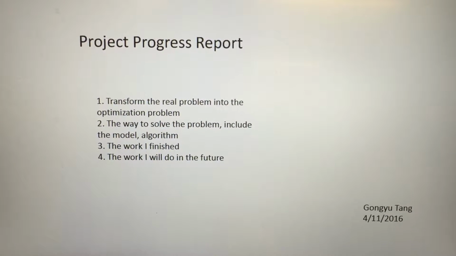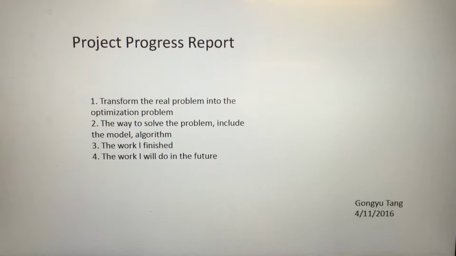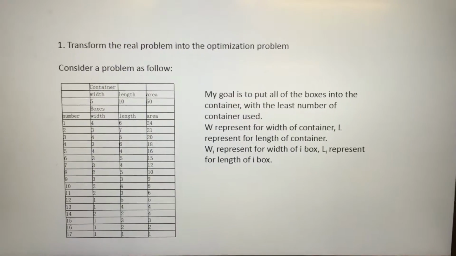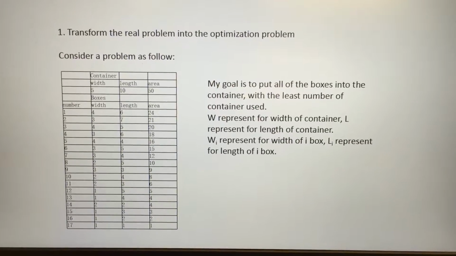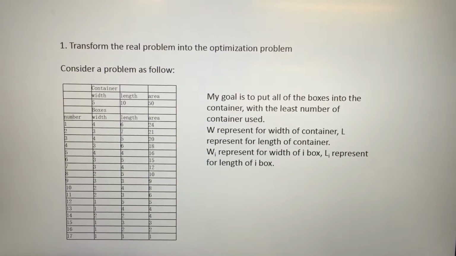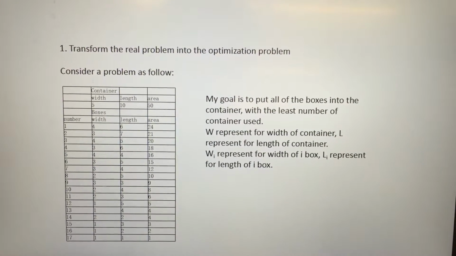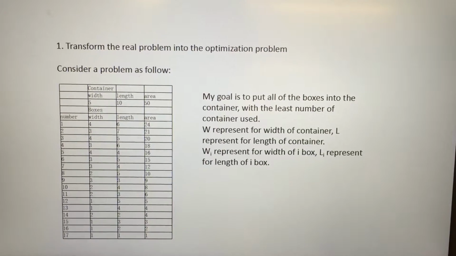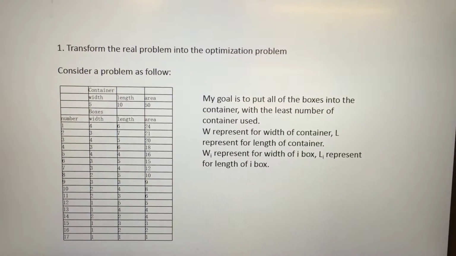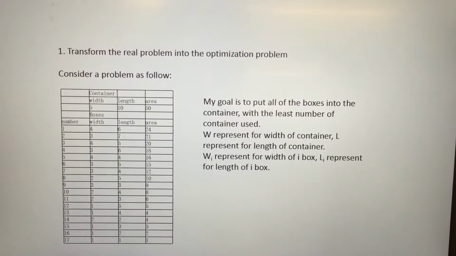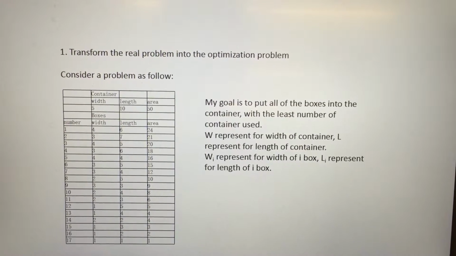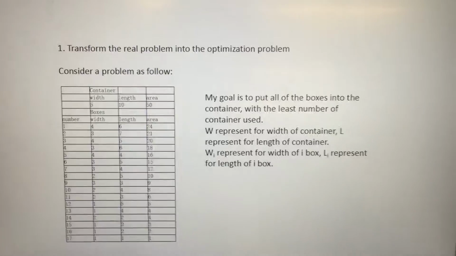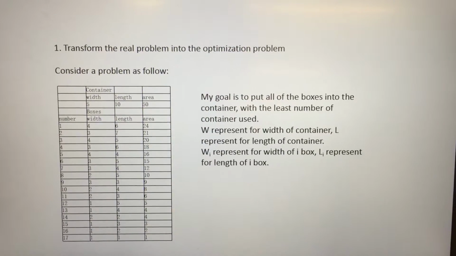And the fourth part is the work I will do in the future. My problem is a container packaging problem in 2D, which means I need to put all of the boxes into a container and optimize it.